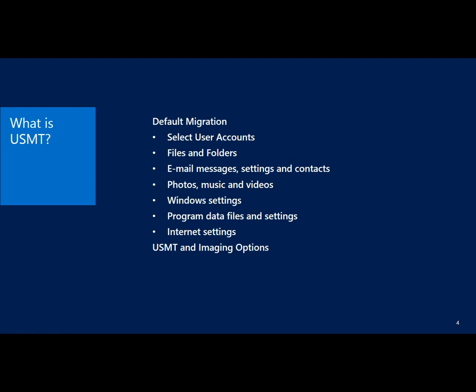So what about imaging options when we're using USMT? I would have called this scenarios, but I have a scenario section in a bit. So what are the imaging options? There are two broad categories of imaging options we think about. One is a reimage. The other is bare metal.